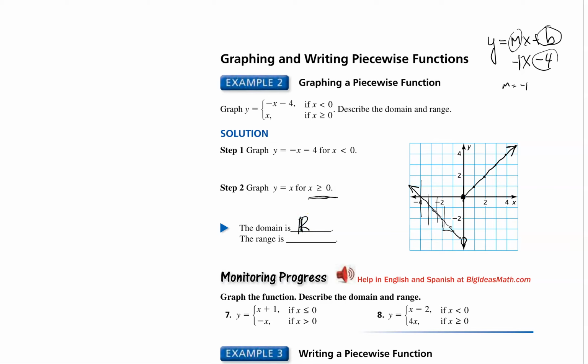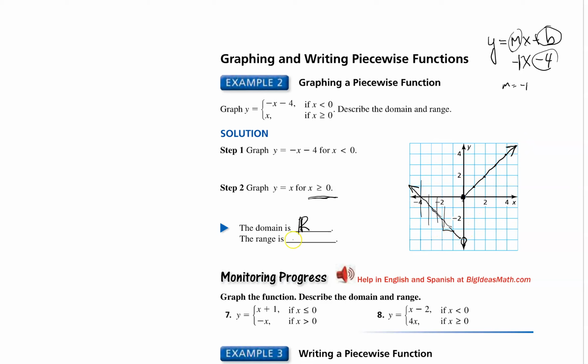And the range, we see that on the left-hand side, it only goes as low as negative 4, and it doesn't go down from there. But it does go up, up on the left and up on the right.